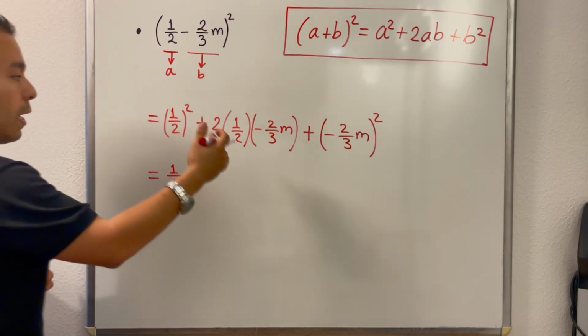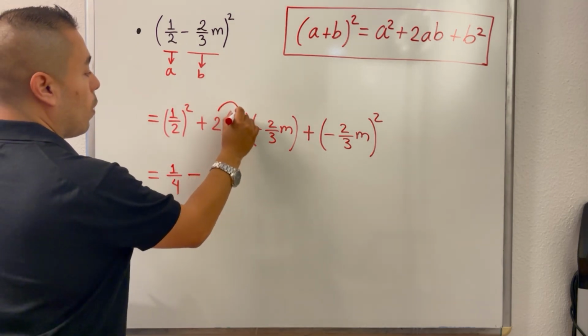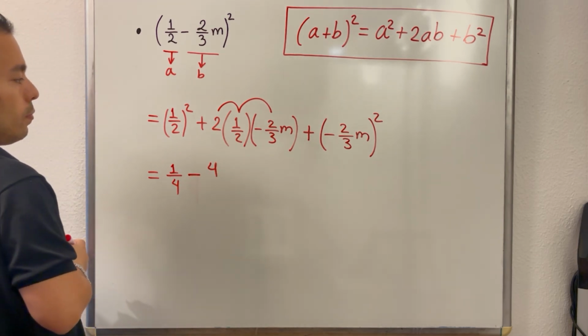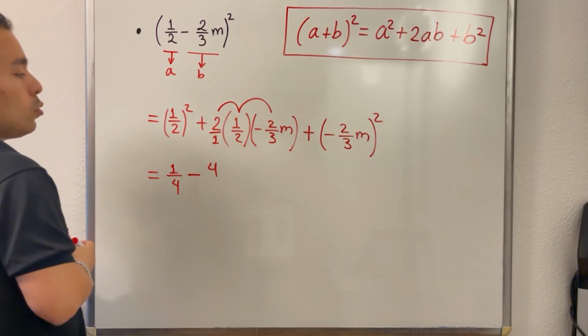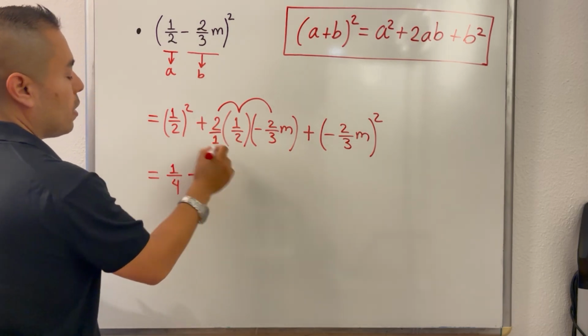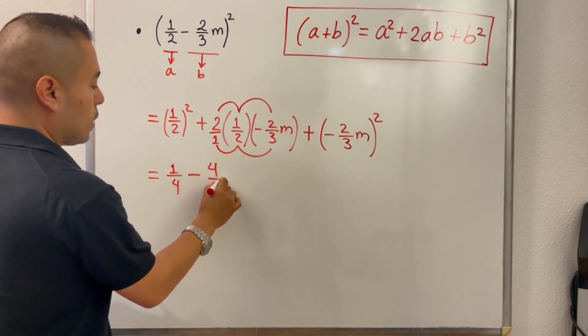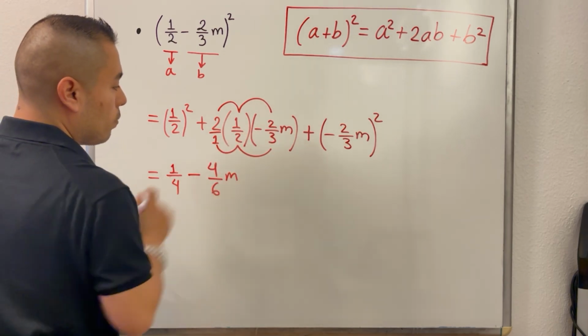Then we need to multiply using the rule of multiplication of fractions. This is 2 by 1 by 2. This is 4 in the numerator. And then we have a 1 here below the 2. We need to multiply the denominators. 1 by 2 by 3. This is 6. And the m at the end.